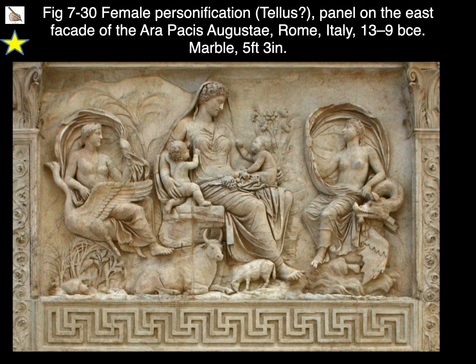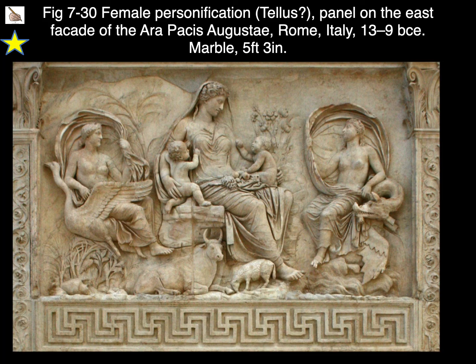Female personification. Her identity is uncertain. Art historians usually call her Tellus, which means Mother Earth, although some scholars have identified her as Pax, which means peace, Ceres, the goddess of grain, or even Venus. Let's review the definition of personification.